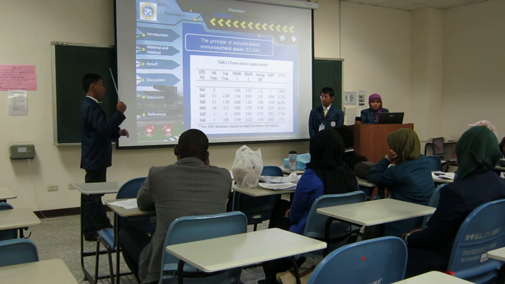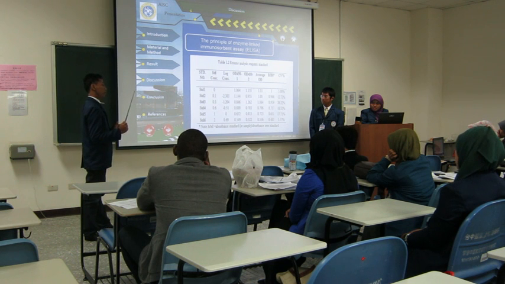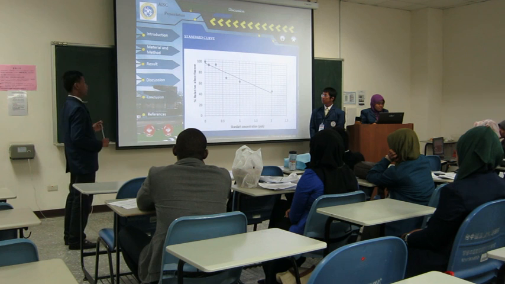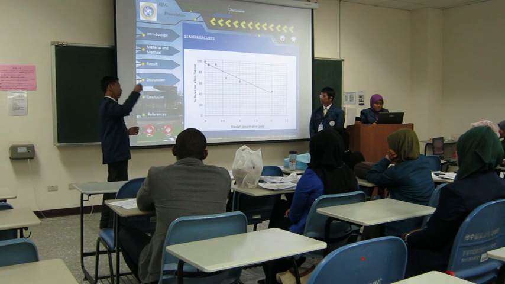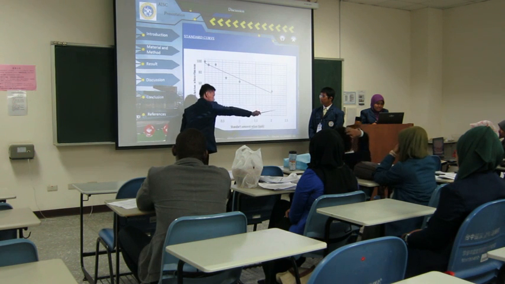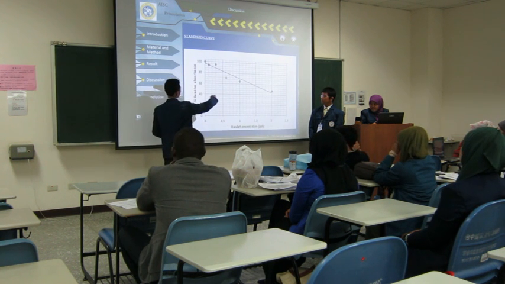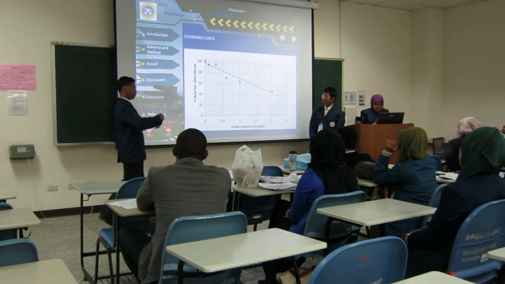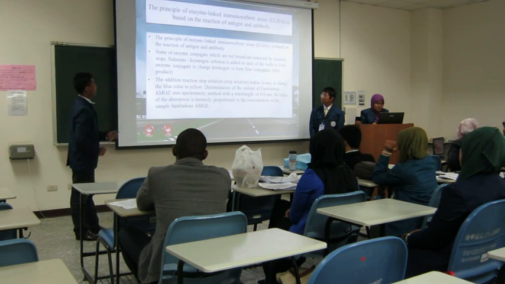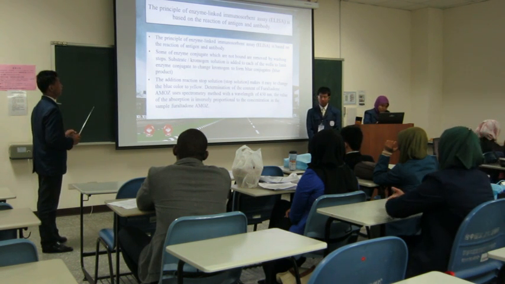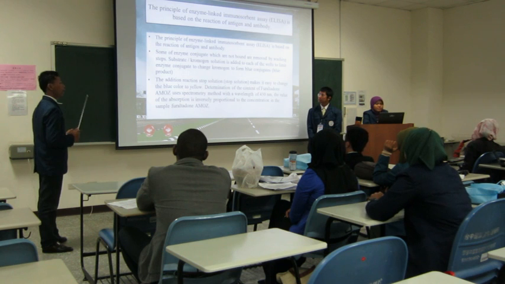Negative correlation is characteristic of competitive ELISA. For more explanation, next, you can look at the curve. You can see that when the standard concentration rises, the relative absorbance gets lower. Okay, negative correlation.